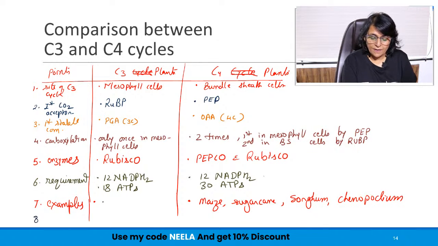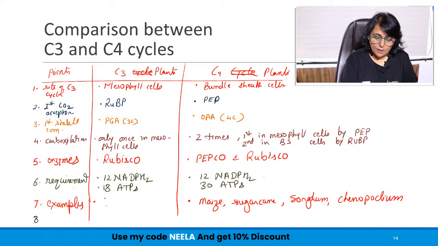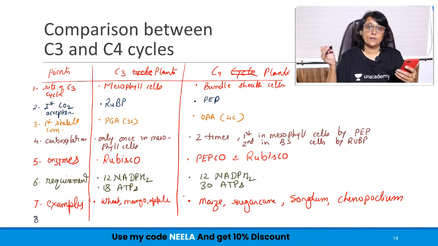But here we can write the examples as wheat, mango, the common plants, apple, you can give any example except the C4 plants. Sunflower, soya bean, Abdul has given these examples.